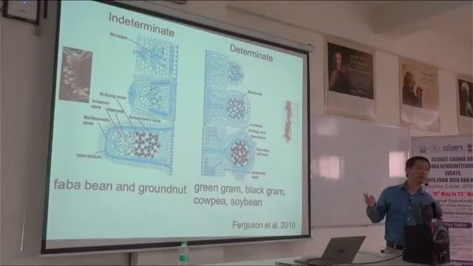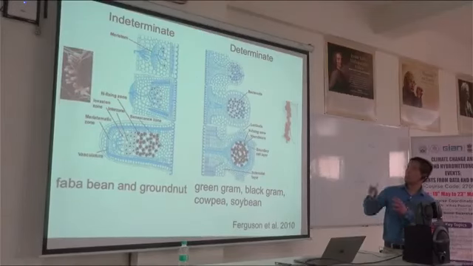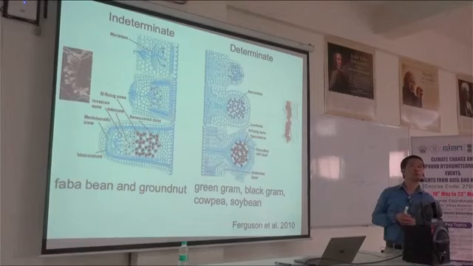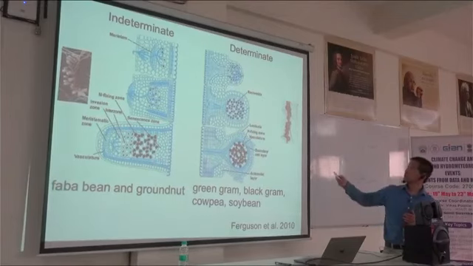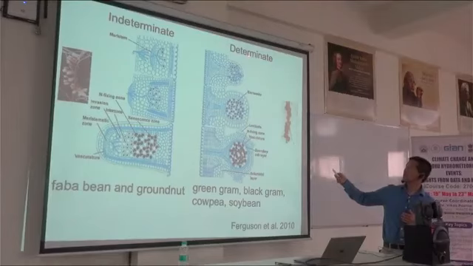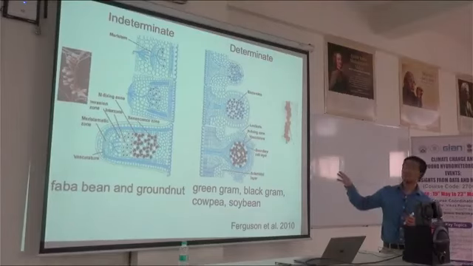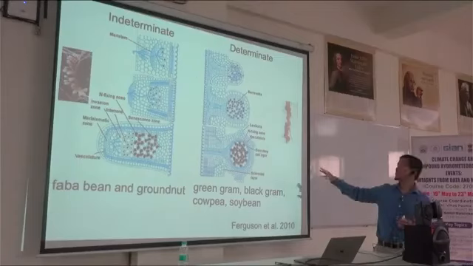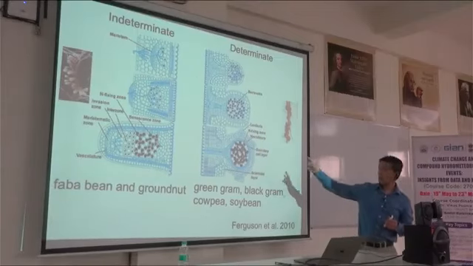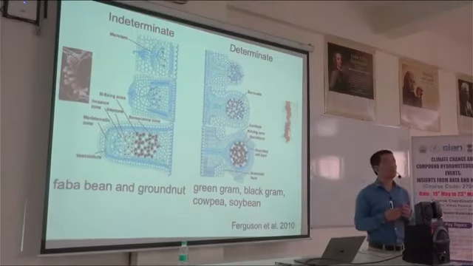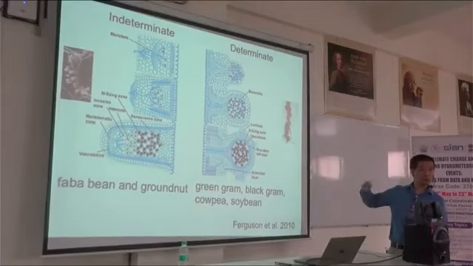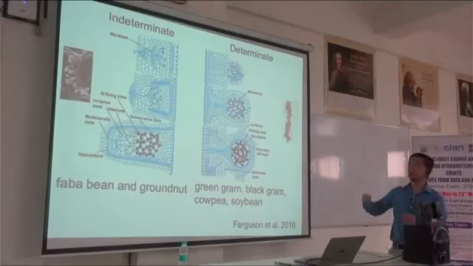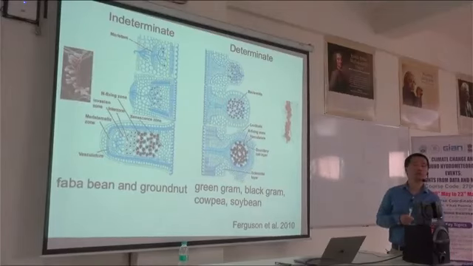The major difference is the relationship between roots and the root nodule, how they associate with each other. For the determinate type, the root nodule grows outside the roots. So if plants are under water stress, the root nodule can detach from the roots.